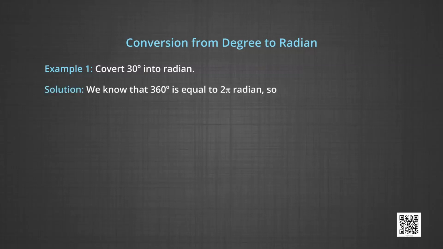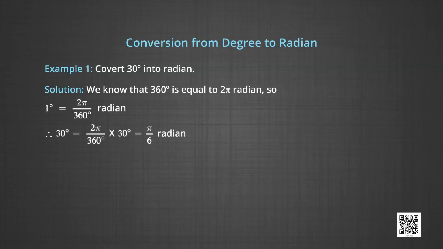We know that 360 degrees is equal to 2 pi radians. So, 1 degree will be 2 pi upon 360 radian. Therefore, to get 30 degrees, we need to multiply 2 pi divided by 360 into 30.